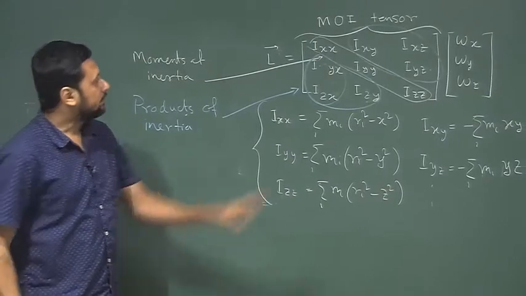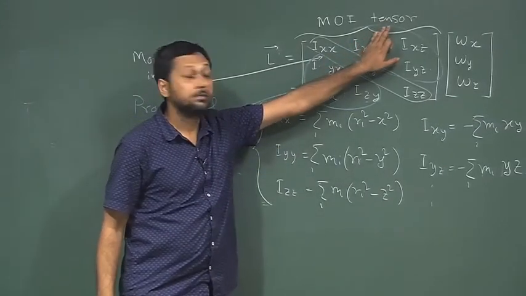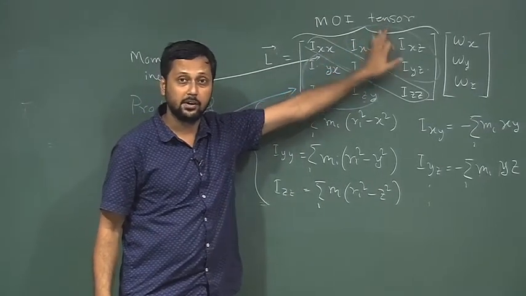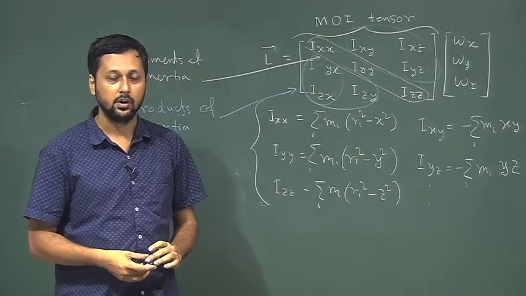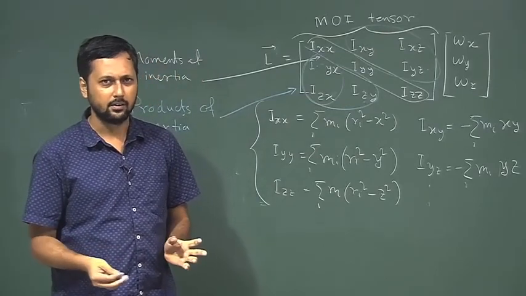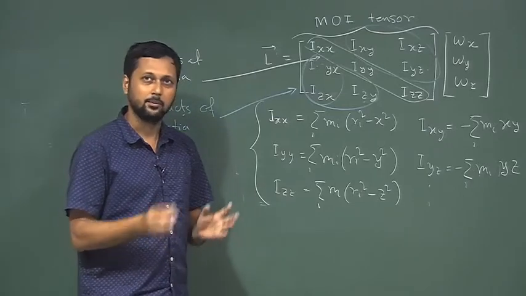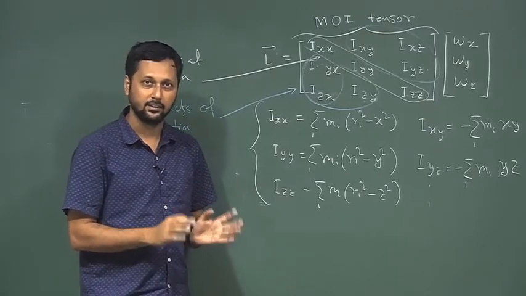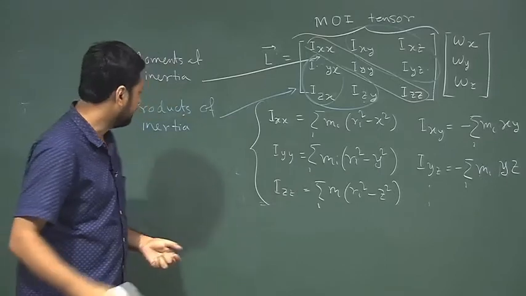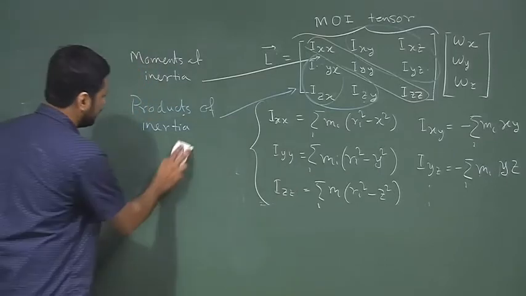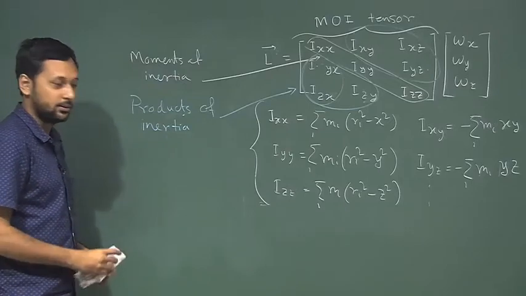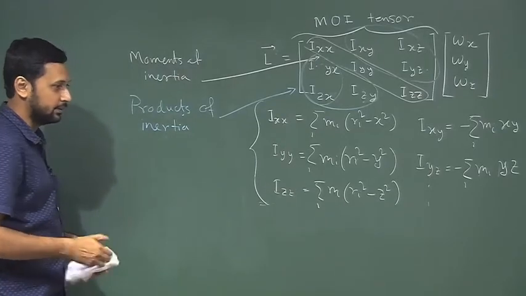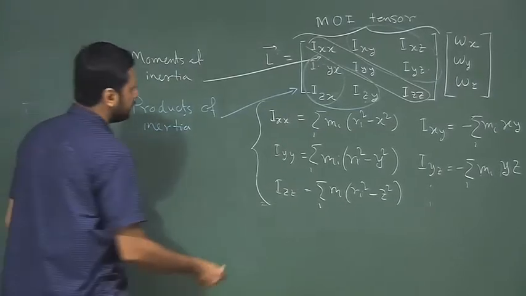I think tensor might be a familiar word to you. Some of you might be familiar with this term, some of you might not have heard it before. Does not matter. We will have a very brief description of what is a tensor, because the framework of this course does not allow a detailed discussion on tensors, which will be discussed in your mathematical methods courses.